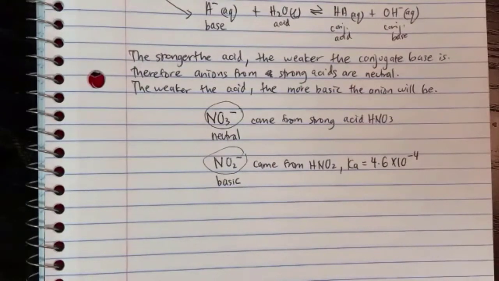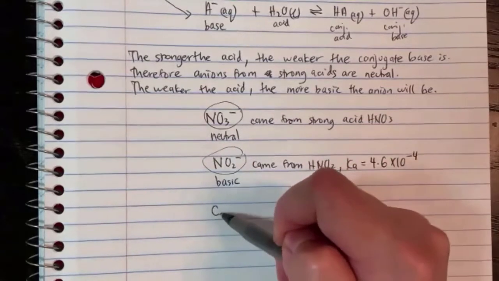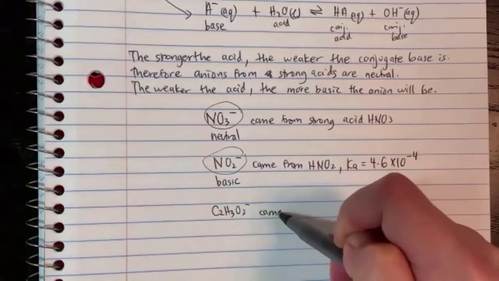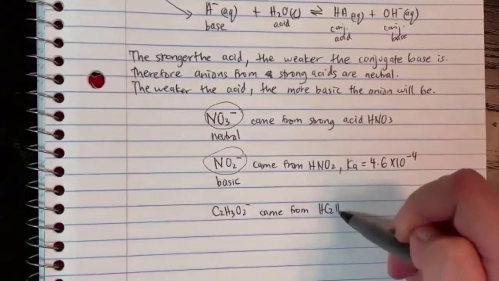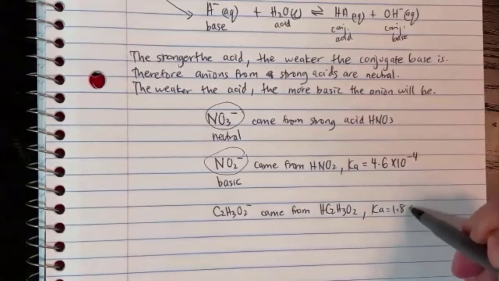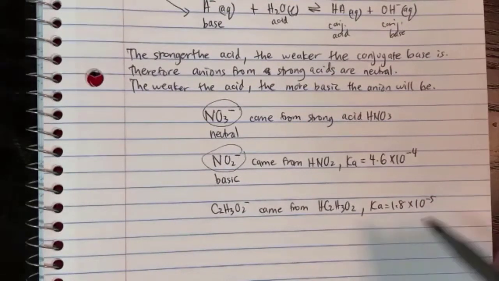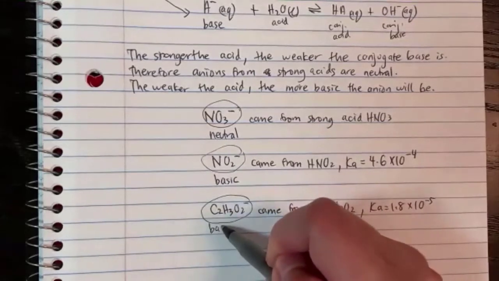Now, let's look at another ion here. We want to talk about acetate ions, C2H3O2 negative. It came from a weak acid, HC2H3O2, acetic acid. Ka is 1.8 times 10 to the minus 5. So in that case, because it came from a weak acid, this guy is basic.